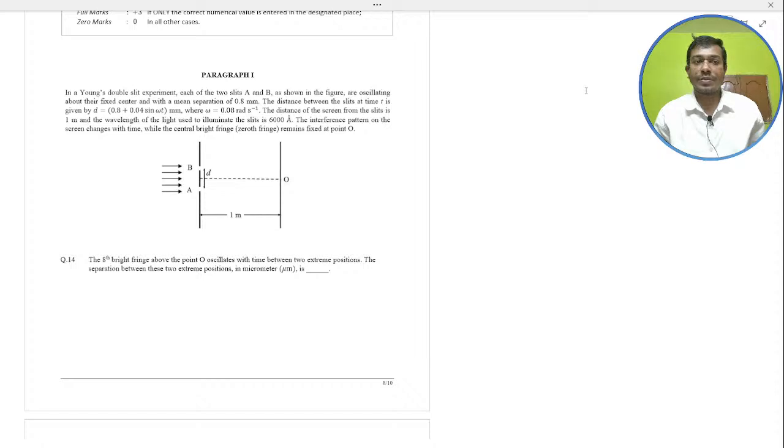The interference pattern on the screen changes with time, while the central bright fringe remains fixed at the point O. For that case, this is question number 14, and it uses the first 5 lines of the paragraph: the 8th bright fringe above the point O oscillates with time between two extreme positions. The separation between these two extreme positions in micrometer is what?